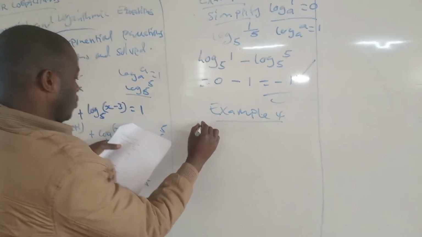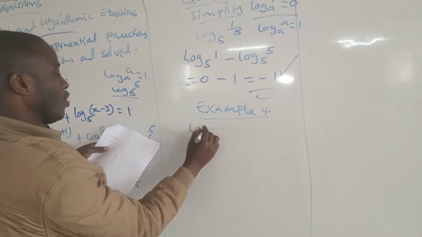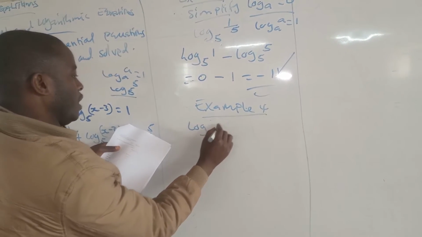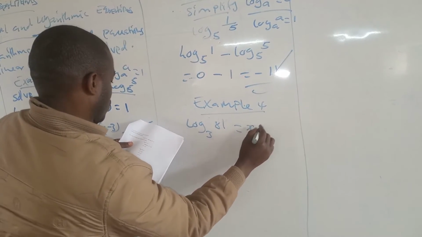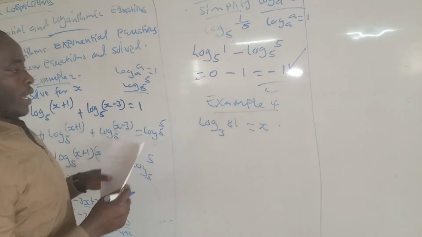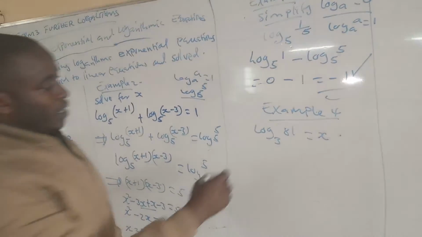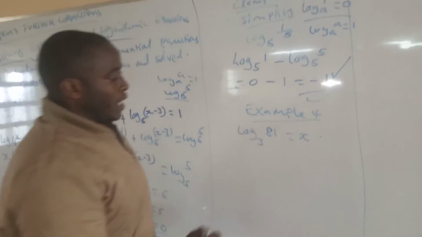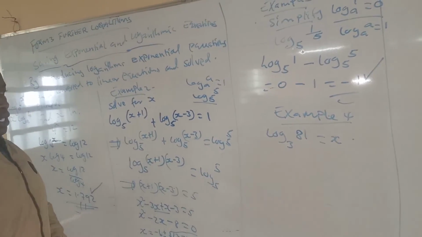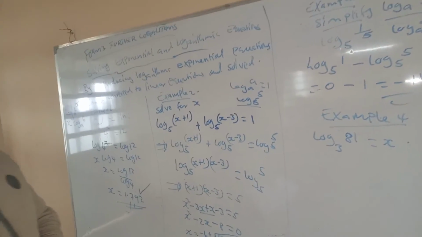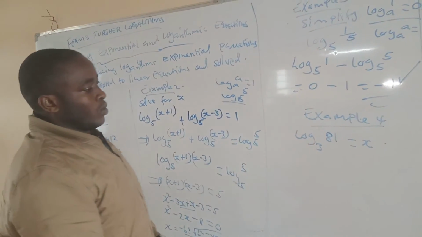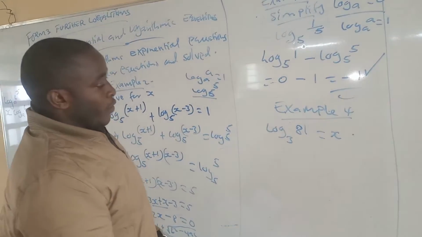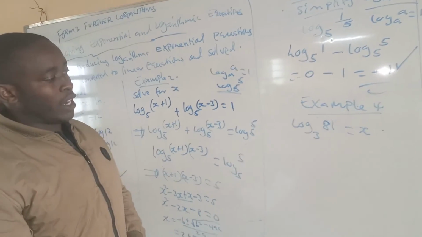You are given that we solve for x in log base 3 of 81 equals x. Here we need to remember the laws of indices, how we change from indices to logarithmic notation and vice versa.